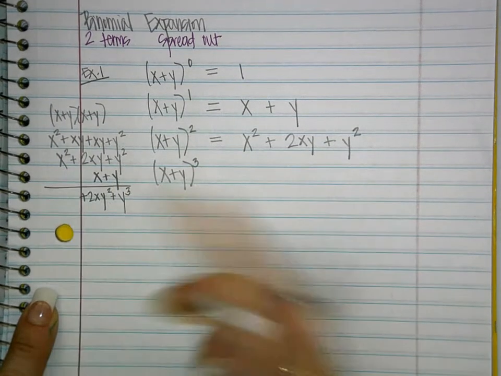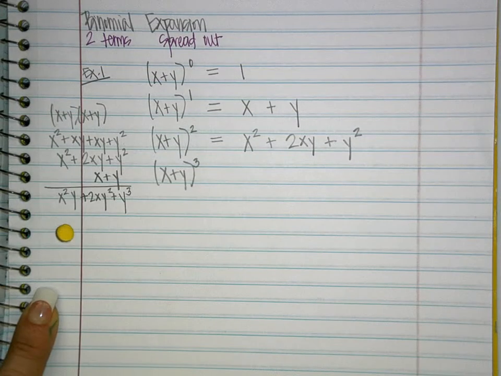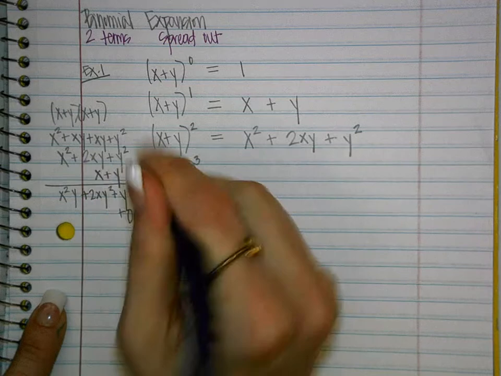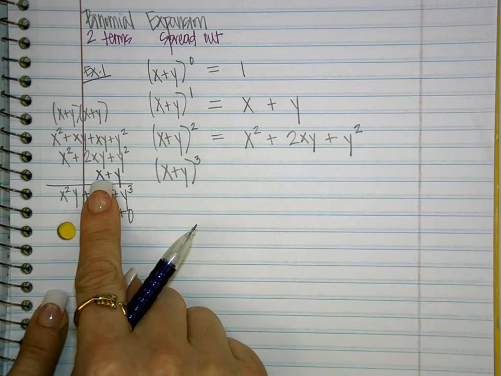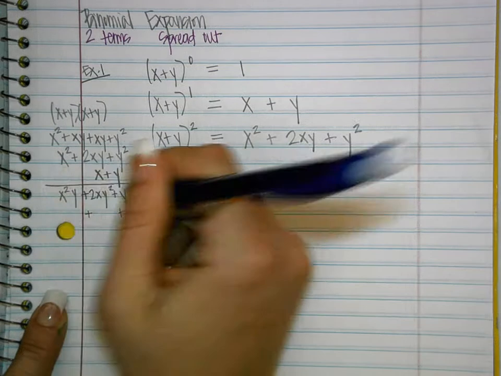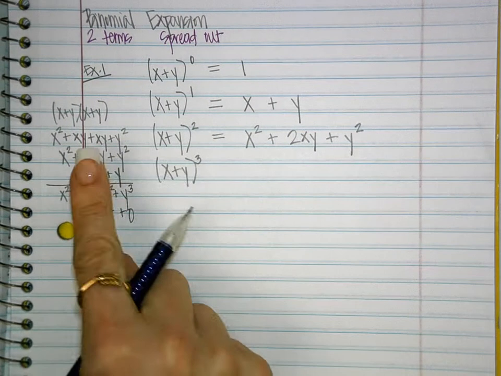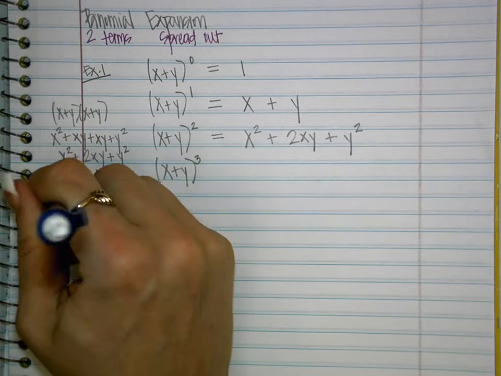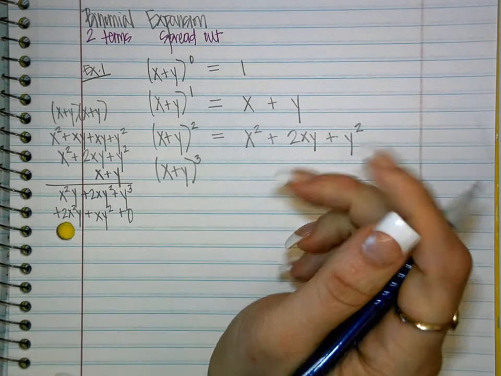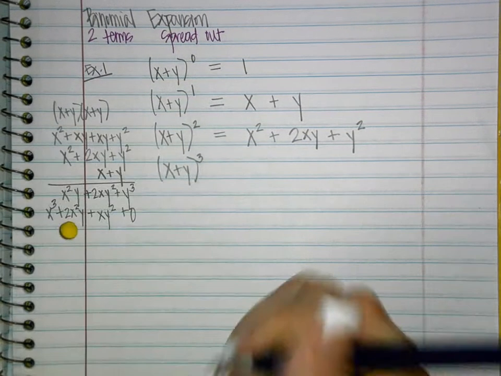Y times x squared is x squared y. If you remember when we did old school multiplication, you always put a plus 0, skip over a space. X times y squared gives you plus xy squared. X times 2xy gives you plus 2x squared y. And then finally, x times x squared is x cubed.